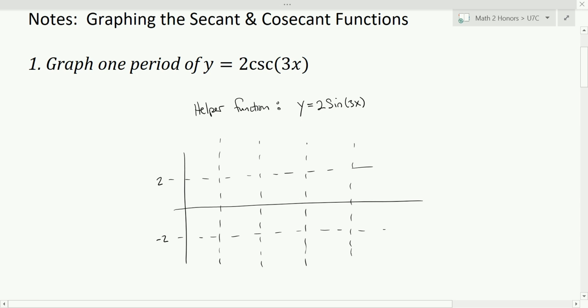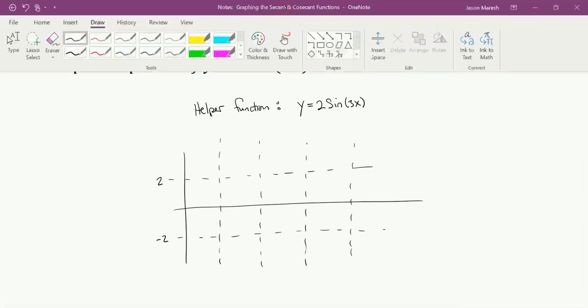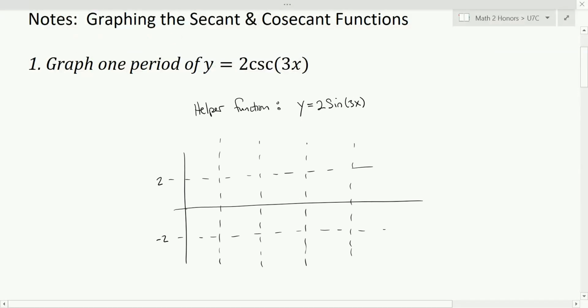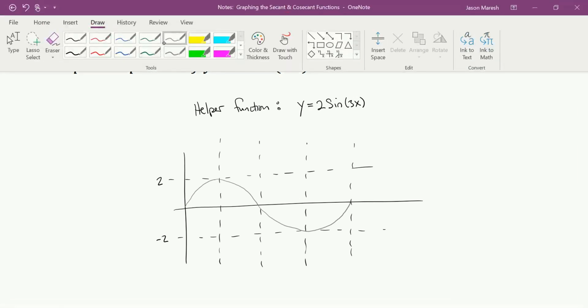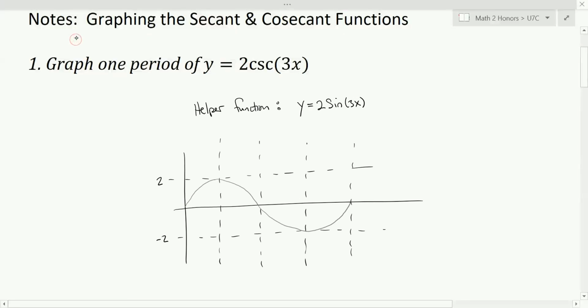It's a positive sine function. And this really isn't my goal. My goal is to draw the cosecant. So I'll use a light gray, I won't dash it, just to say, hey, this is not the real thing. This is just helping me out here. Okay. And then I need to label my x-axis.